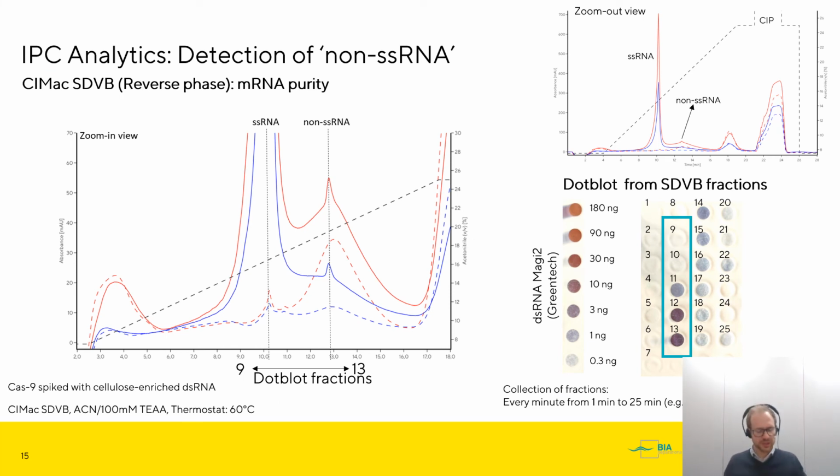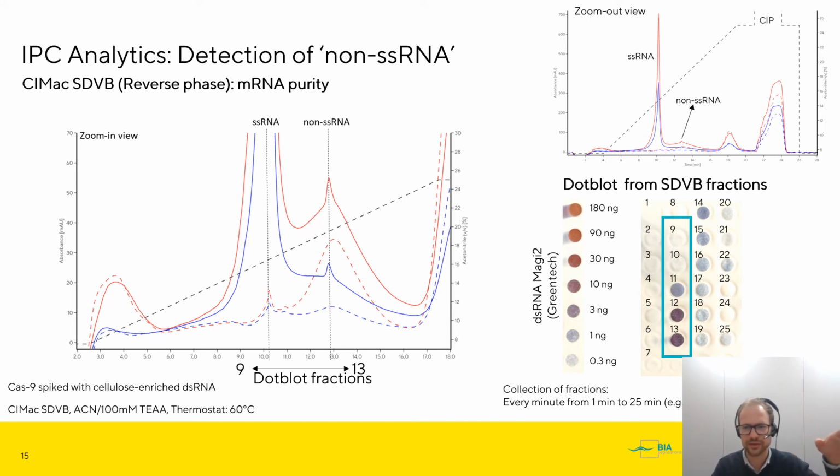And changing focus a little bit from ion exchange to reverse phase, same as we've shown for prep in terms of separation by size, and as mentioned, separation between single strand and double strand.